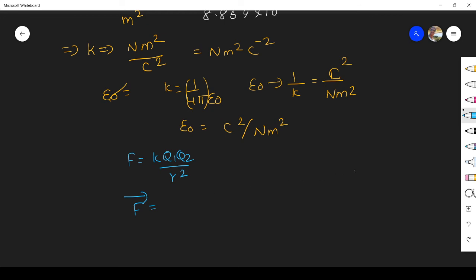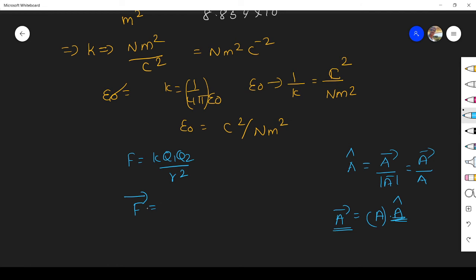How to convert, how to write anything in terms of vector? We know that unit vector A cap is equal to A vector divided by mod A, that is equal to A vector divided by A, magnitude of A. So this implies A vector is equal to A into A cap. So any vector can be represented in terms of its magnitude and unit vector.